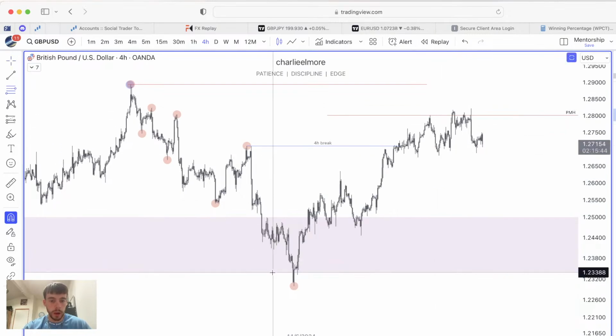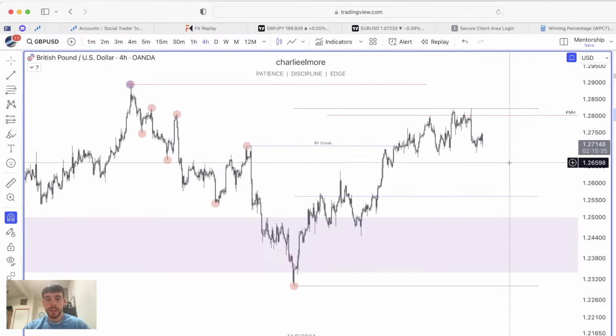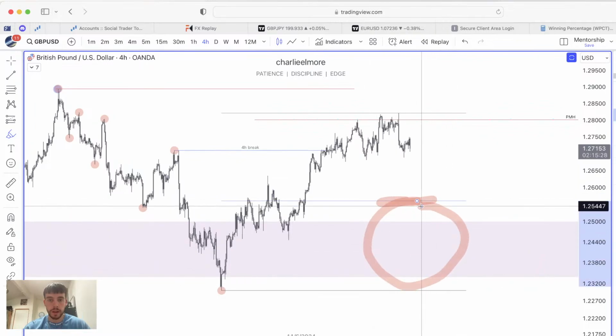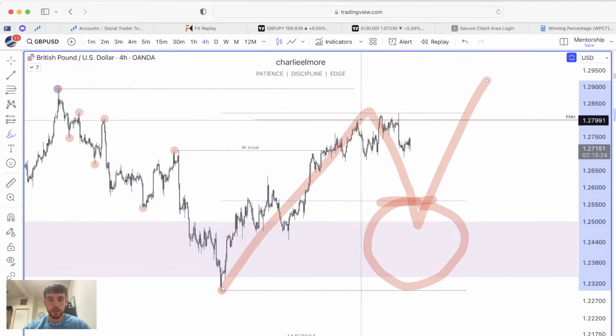So that would be our high. Therefore, we would want to see discount prices, so basically anything below this line here. Anything within here, if we are going to continue bullish to break that high.